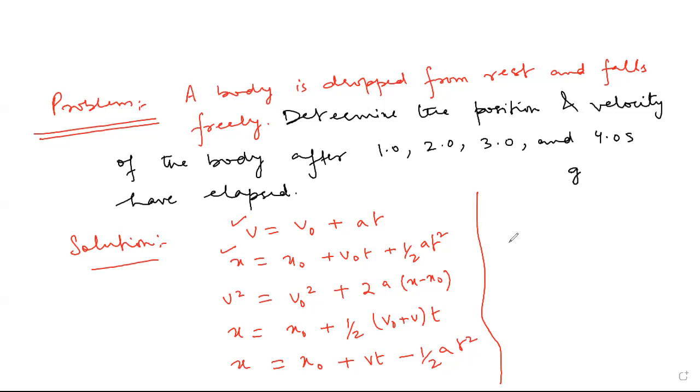You know this, and you also know that near the surface of Earth, the magnitude of g is approximately 9.8 meter per second square, right? And you also know the fact that the direction of the free fall acceleration at any point is down at that point.